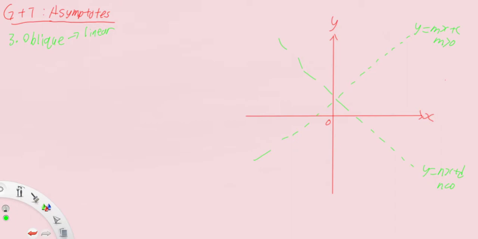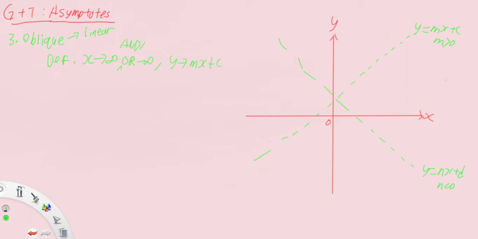So what does oblique asymptote mean? What's the definition? Again, very similar to a horizontal asymptote, as x approaches either infinity or negative infinity, your y now follows the linear graph.